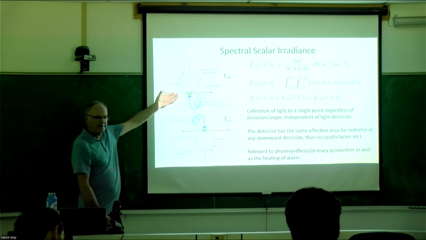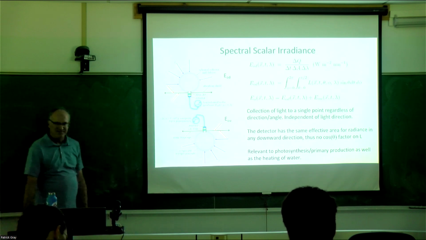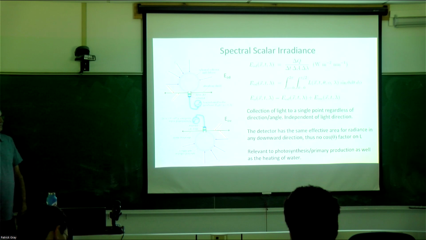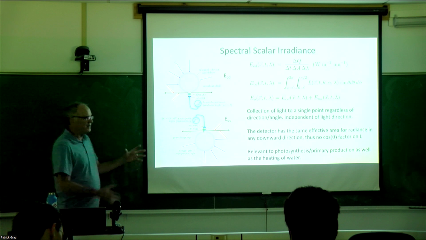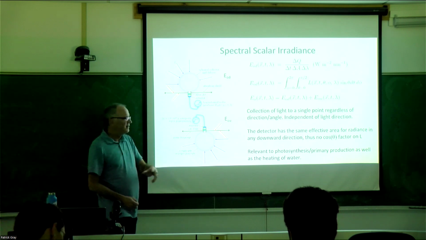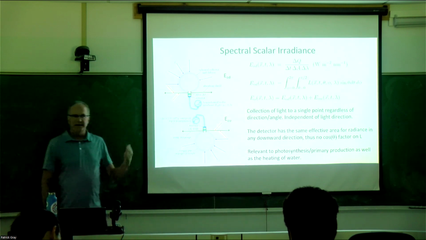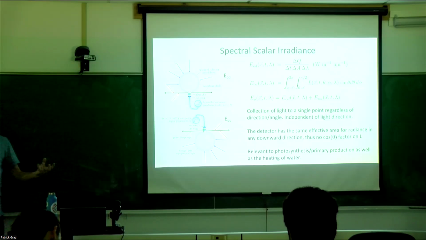If you flip your sensor upside down, what do you measure? The upwelling scalar irradiance. All right, and in this sense, we're kind of doing the two halves. So the scalar irradiance becomes the addition of the downwelling and upwelling portions.